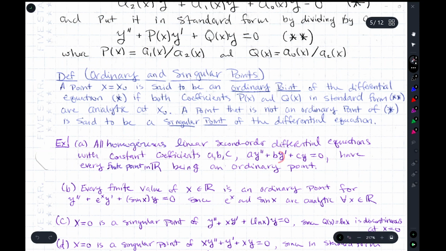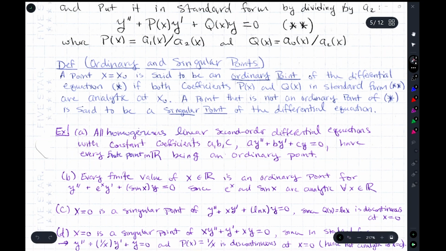Because if you divide by a here, where a is non-zero, you get that p is b over a and q is c over a, and those are definitely analytic, right? Their power series is just equal to the first term in the power series, a constant. All the other terms are 0, and so that's that.